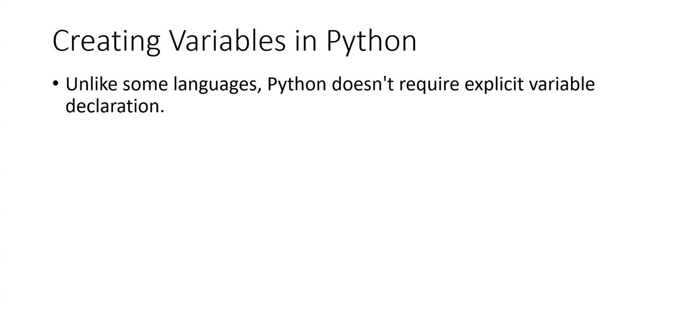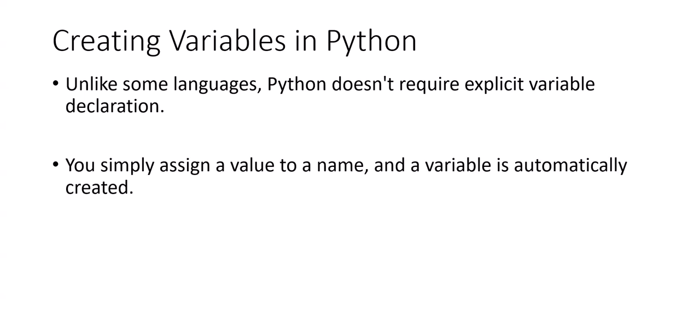Then how does assigning a value to a variable happen? You simply assign a value to a name, and from there, that variable is automatically created.